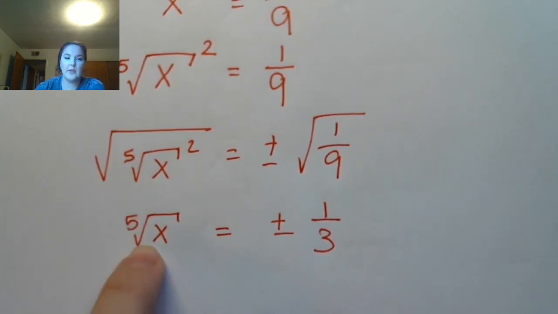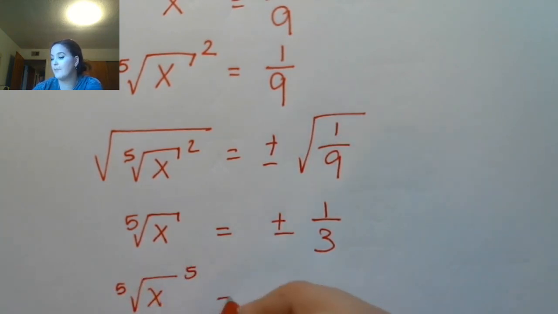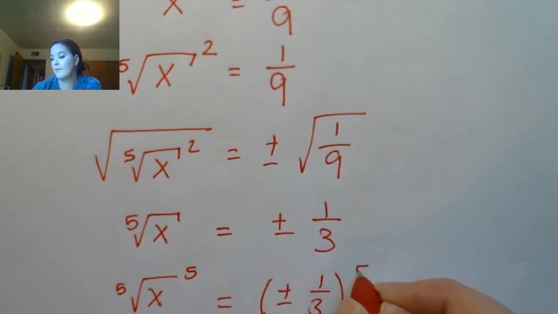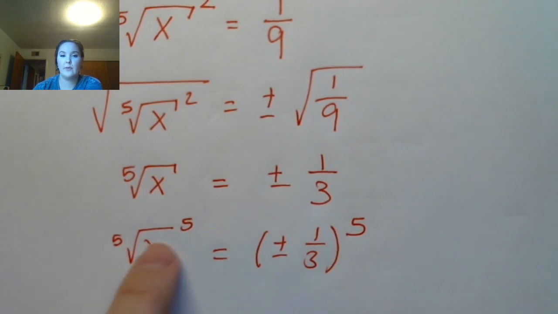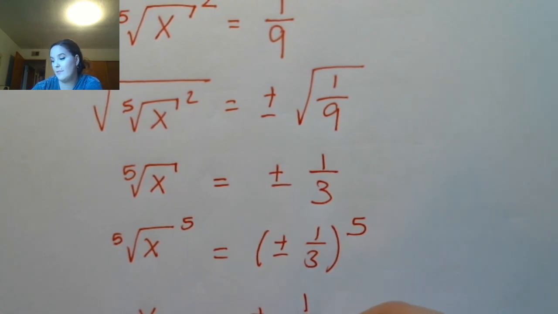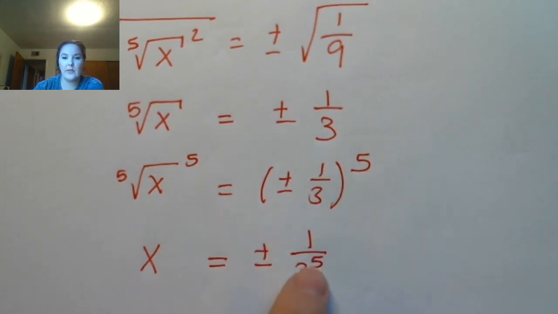Now I need to get rid of this 5th root, so I'm going to use the 5th power. 5th root of x to the 5th gives me x. And this is 1 to the 5th over 3 to the 5th, right? 1 to the 5th is 1.